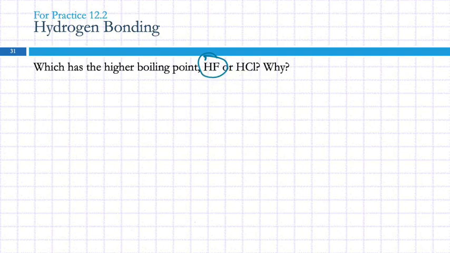There's just one bond. Both of these have polar bonds because it's between two different elements. So both of these are polar, but this one has a hydrogen-fluorine bond, so this can engage in hydrogen bonding. This does not have hydrogen bonded to fluorine, oxygen, or nitrogen. There's no phone home going on here, okay? So stronger intermolecular forces, higher boiling point.